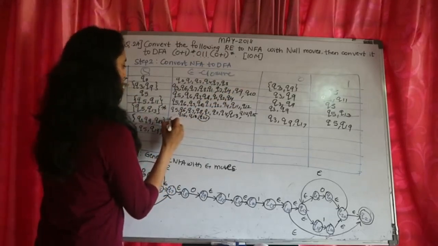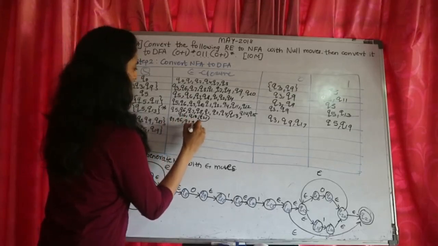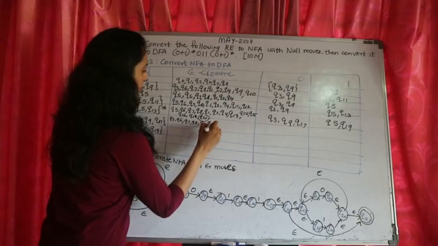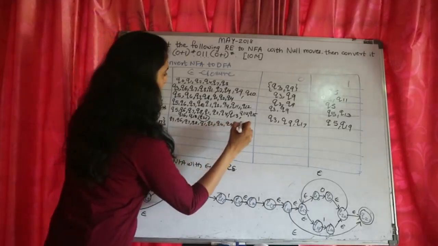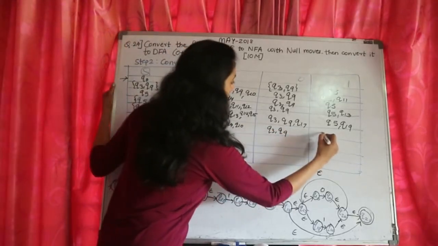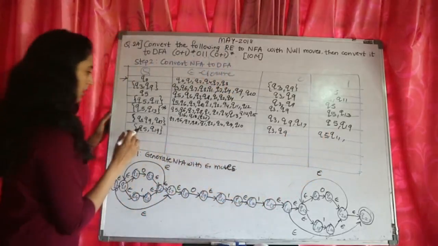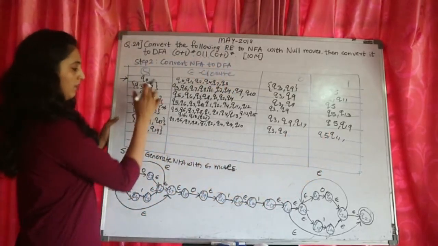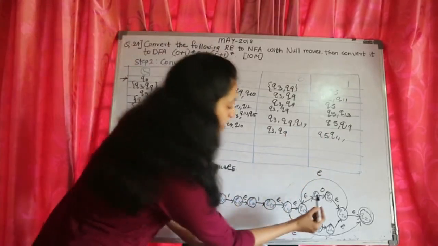So Q3, Q9, Q3, Q6, Q7, Q8, Q1, Q2, Q4, Q9, Q10. Then Q3, Q9, then Q5, Q11. Okay, and 17 is the added one from Q3, Q9. 17 I'll write down.